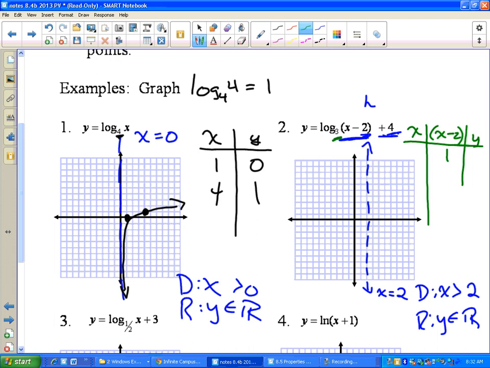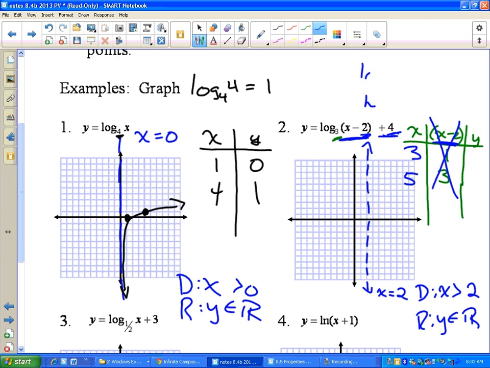What's my base? 3. But if I want my argument to be 1, what does x have to be? X has to be 3. What does my x have to be if I want my argument to be 3? It has to be 5. So I don't need this middle column anymore.